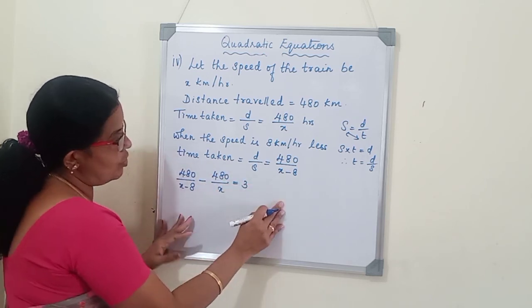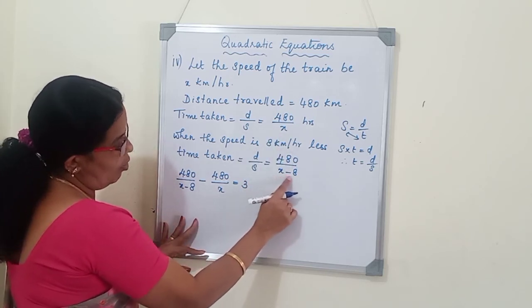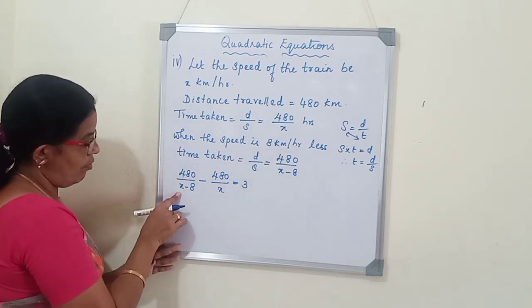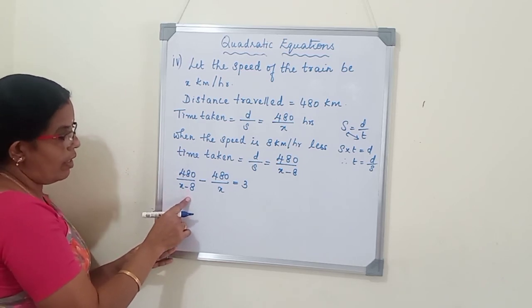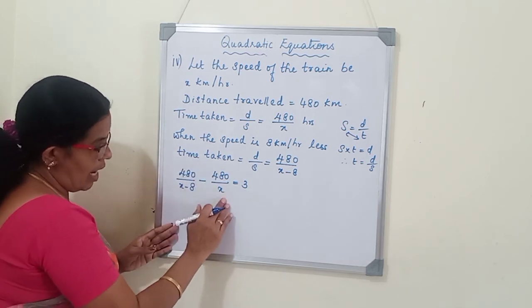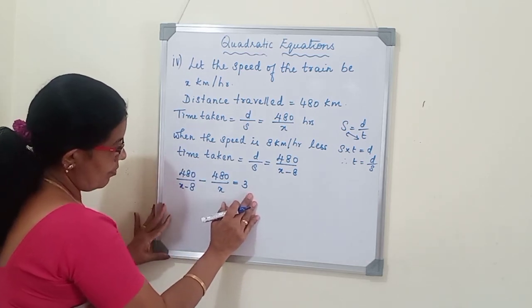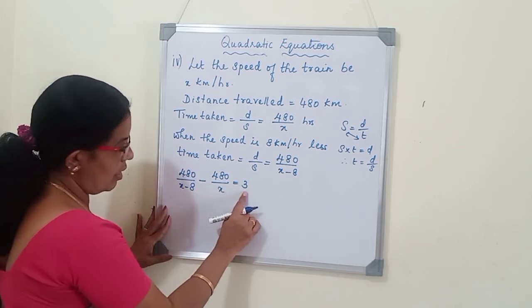To form the equation, we only have to see the denominator. The smaller denominator we write first, because when the speed is reduced by 8 km per hour, more time it will take. So larger time minus smaller time will be equal to 3. So 480 by x minus 8 minus 480 by x is equal to 3.